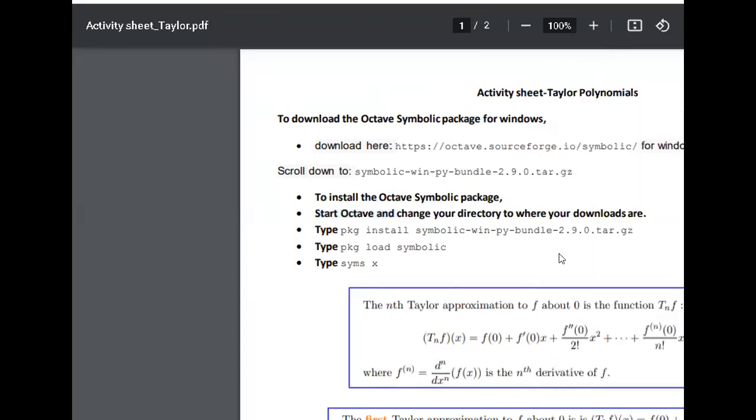Then you have to type on the command prompt, pkg, this stands for package, pkg space install, and the name of the file you downloaded from the Octave site, right?